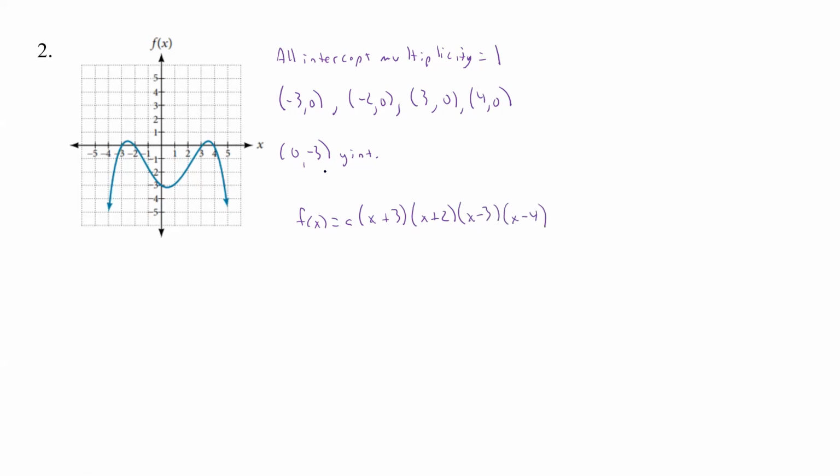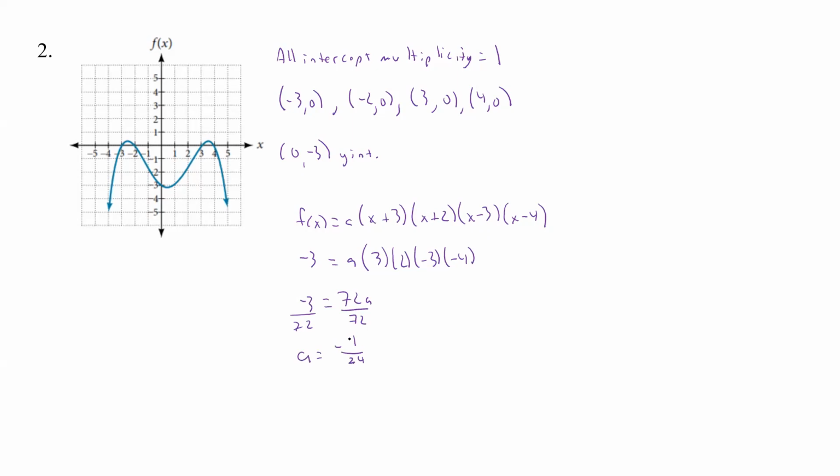And then plugging this in, minus 3 equals a times now 0, so that's going to be a 3 times 2 times negative 3 times negative 4. So that's going to be a 12, and that's going to be a 6. So that's going to be 72. So minus 3 equals 72a divided by 72. So it looks like a is equal to a negative 1 over 24.